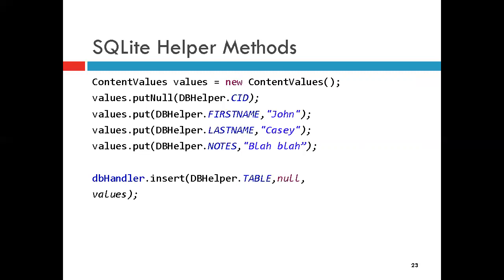It's not really based on an object definition, but it's based on this more generic content values property map, where you can put all of these different key value pairs into your content values object and then write that into the database using the database handler's insert method. So, that might be a nice alternative to constructing a SQL string, which is not, these days, the best practice.